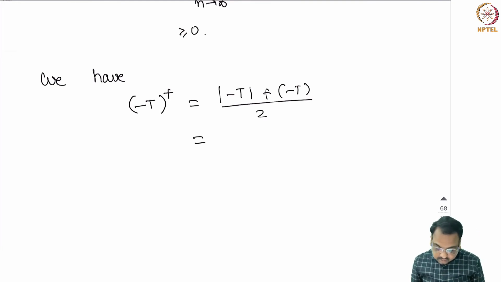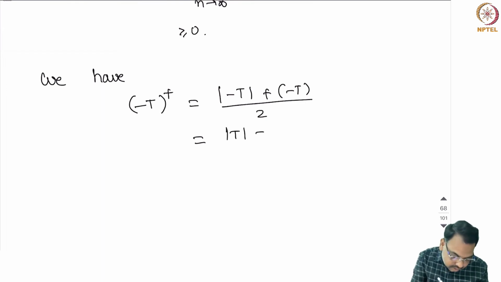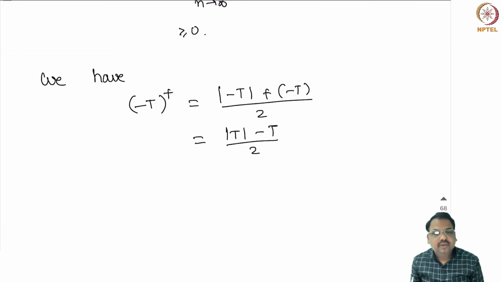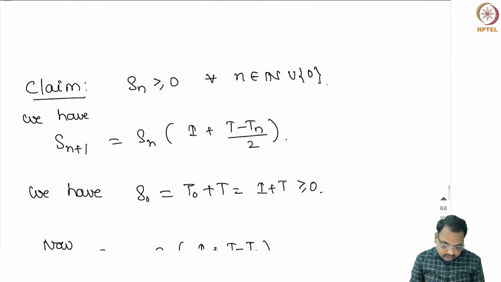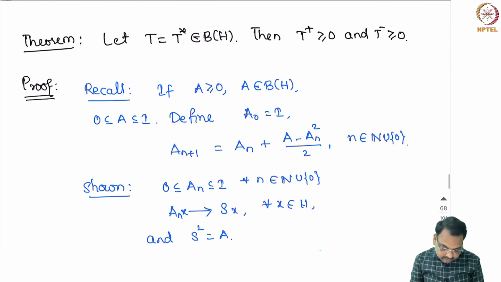So this is nothing but mod T plus minus T by 2, because square root of modulus of minus T is minus T into minus T whole power 1 by 2, that is T square to the power 1 by 2, that is mod T. So we know that plus of any operator that is self-adjoint is positive, so we know that this is positive, hence we can conclude that T minus is positive.